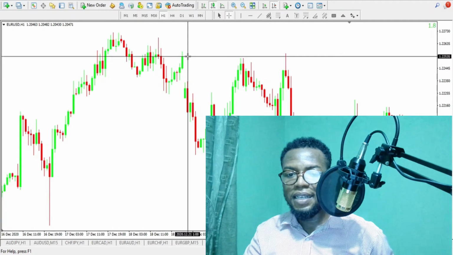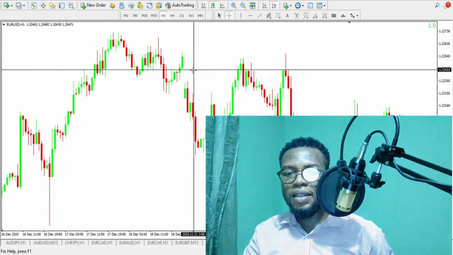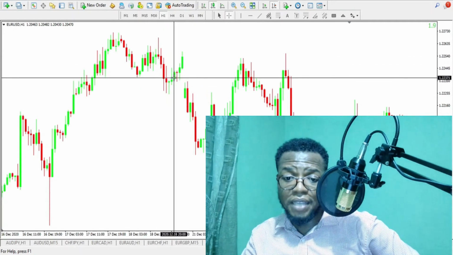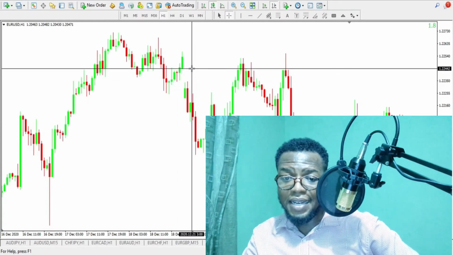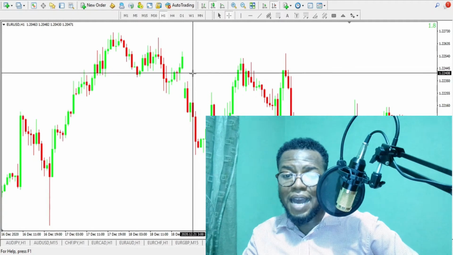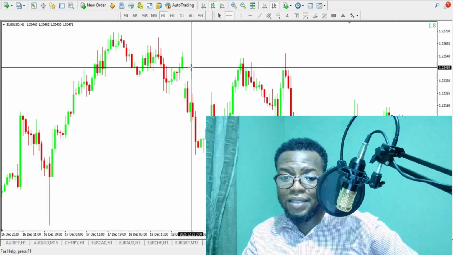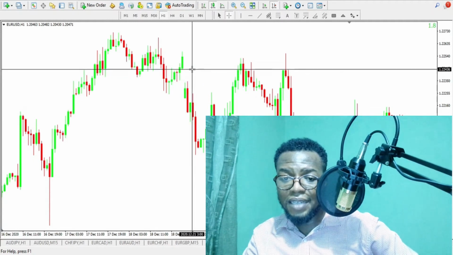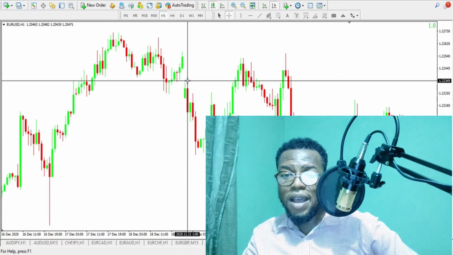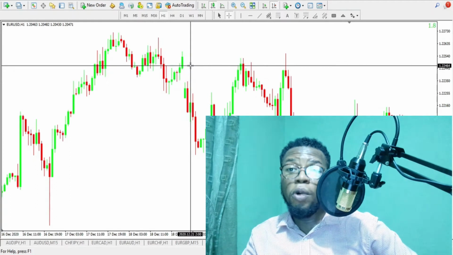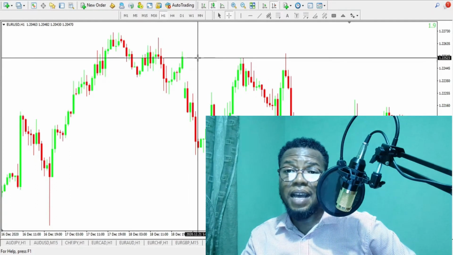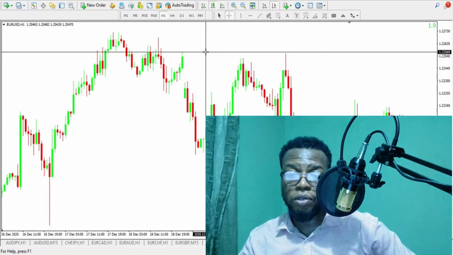Let's say you placed your order that you want to buy at the close of this candle, somewhere around here, because what it means is that you want to enter at market execution now.